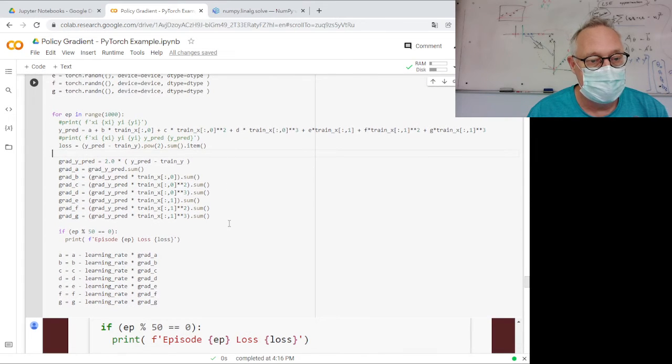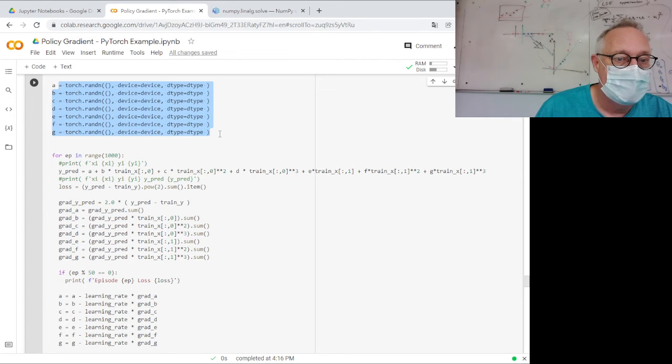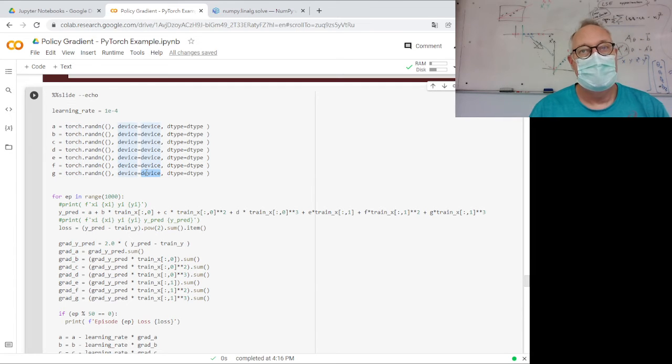And then for a given model, I initialize it randomly. I use random numbers. We need to use the PyTorch functions, torch, to actually generate them. Now, the nice thing about PyTorch is that it's very efficient in the sense that you can send the computation over to your GPU.